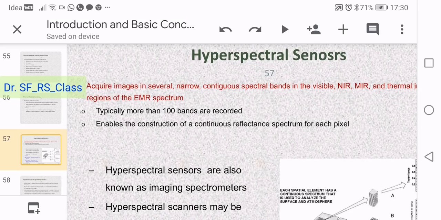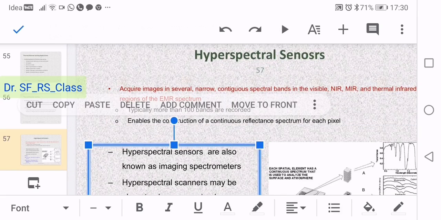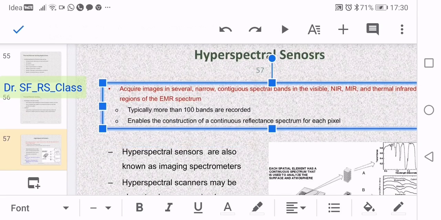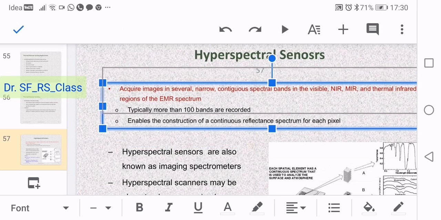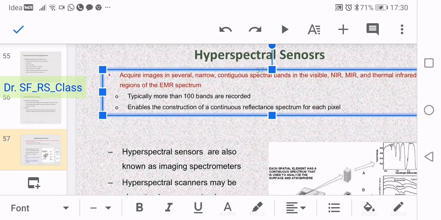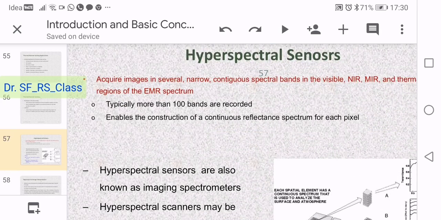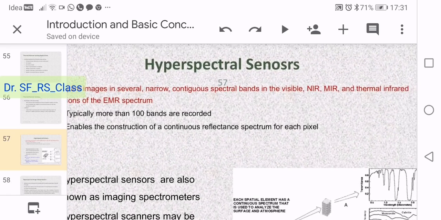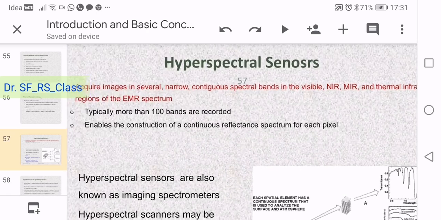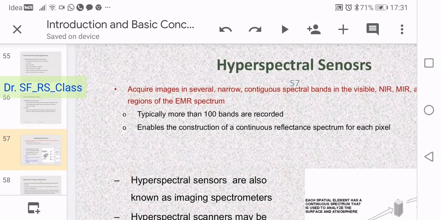So we need to stress that word contiguous. We can acquire images in several narrow contiguous spectral bands in the visible, near infrared, middle infrared and thermal infrared regions of the electromagnetic radiation spectrum. Typically more than 100 bands are recorded. Hundreds of bands are being recorded.